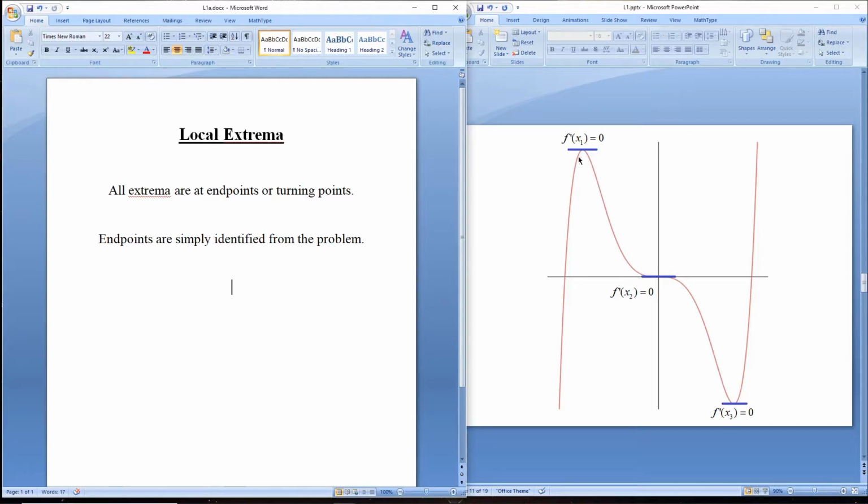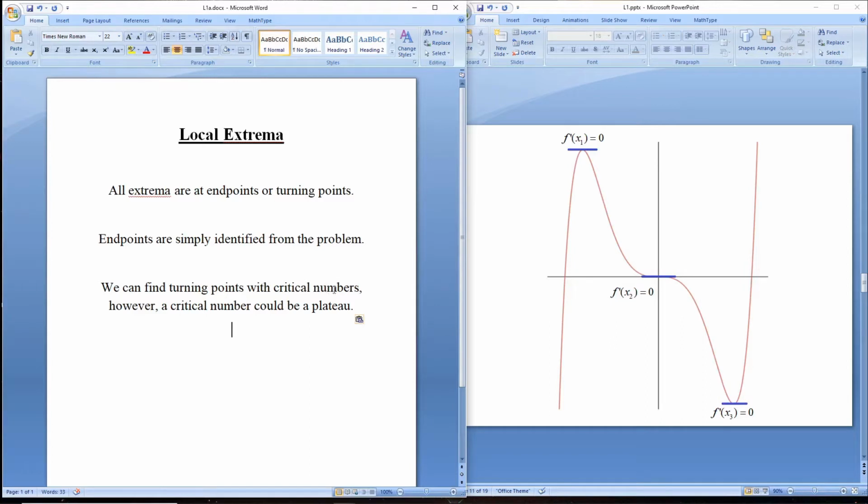And one of the reasons there's a process is because if you look to the right, you can see this plateau also has a derivative of 0. So simply solving for the derivative equaling 0 does not guarantee you're getting an extrema point. You could get this plateau. So we can find turning points with the critical numbers that we talked about in the last lecture.